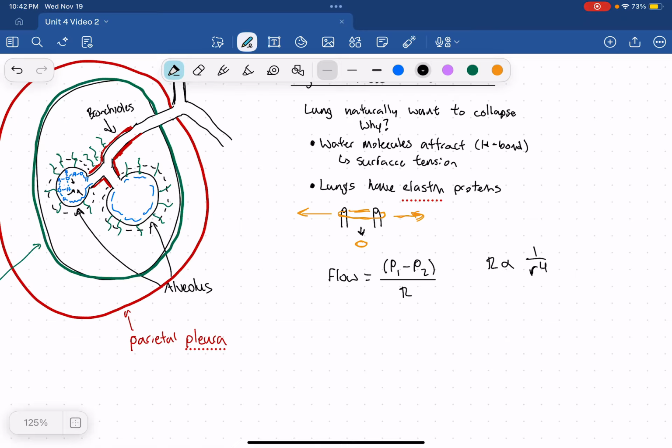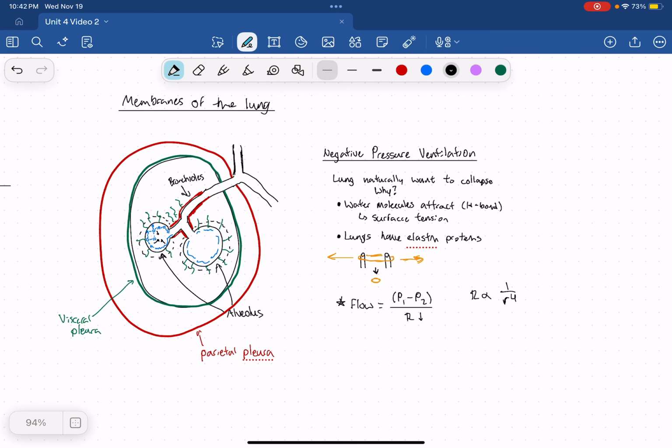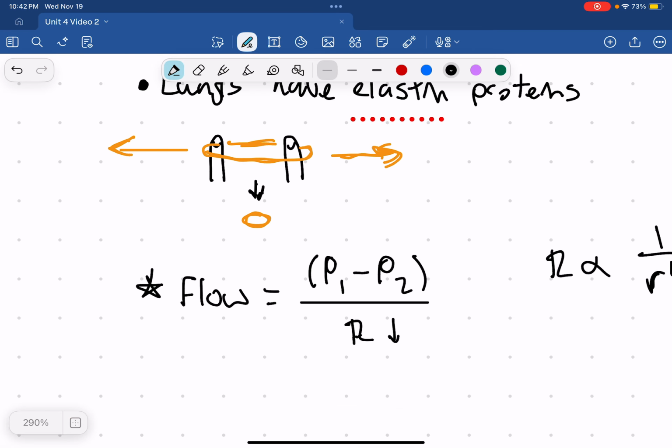And so I wanted to introduce these two equations because they help us to think about, okay, if the radius of our lungs is really, really small, then what's going to happen to the airflow? When we condense our radius really, really small, meaning the lungs are collapsing in, air wants to flow out.